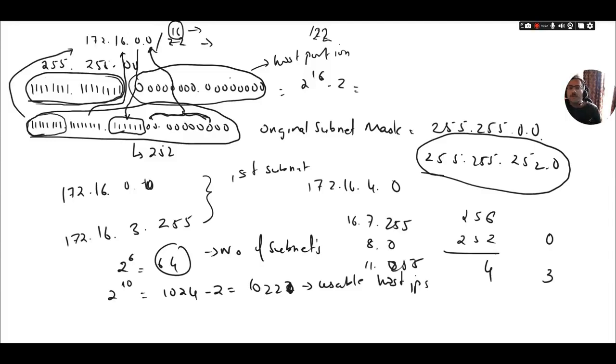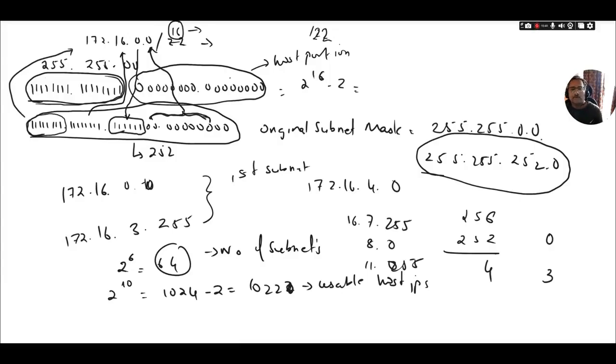So you have to remember the original subnet mask and the original network portion, then how many bits you are converting from the host. That will give you the number of subnets and the number of hosts per subnet. At the end you will have to write down all the subnets.